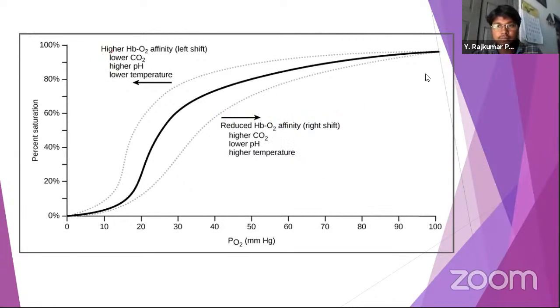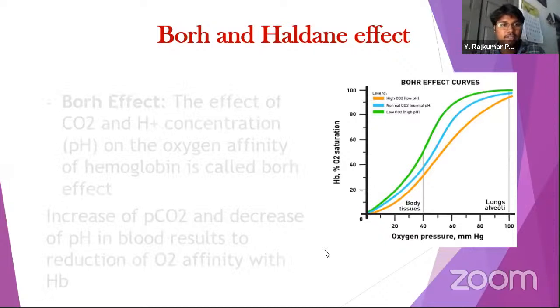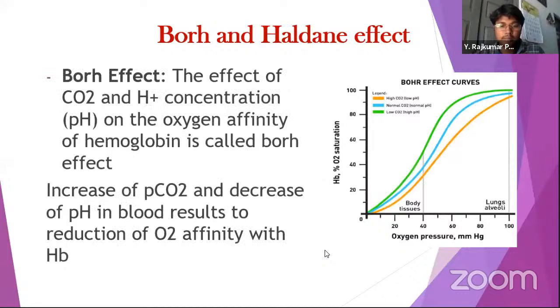Okay, let's see the transport of carbon dioxide. And before learning about that, let's see what the Bohr and Haldane effects are. Let's first learn about the Bohr effect. Scientist Bohr said something about the effect of carbon dioxide and H plus concentration.